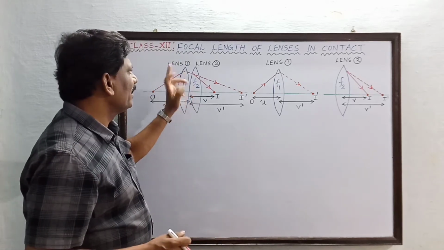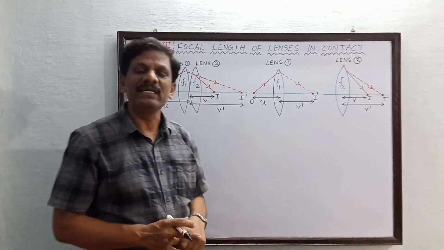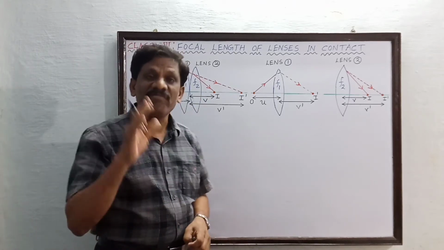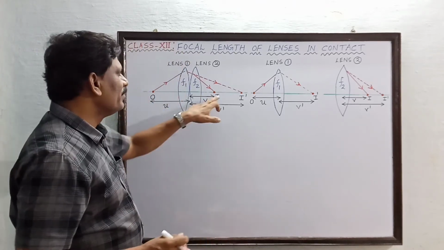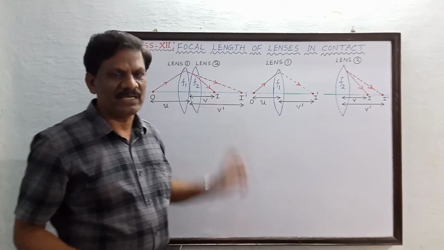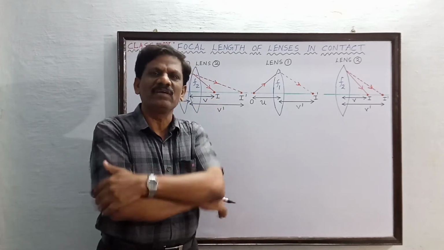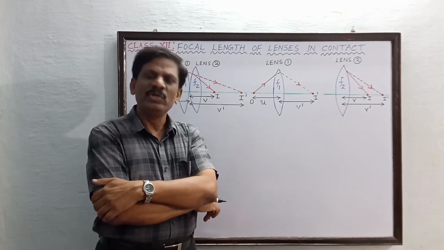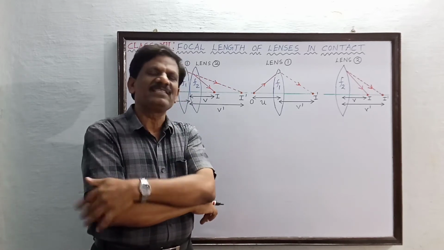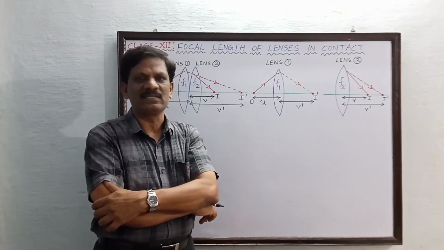That refracted ray passes through the second lens and finally the image is formed at I. So I is the position of the final image due to the two refractions produced by both the lenses.